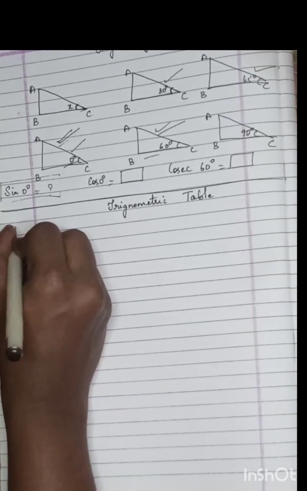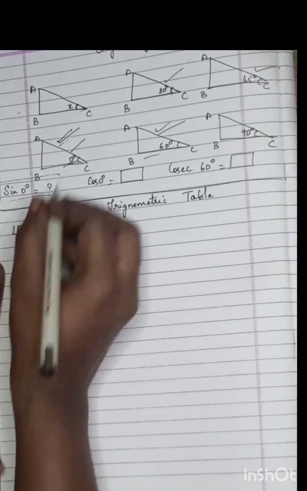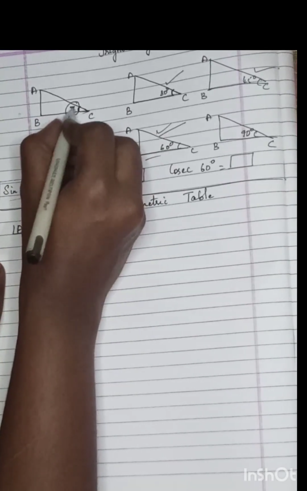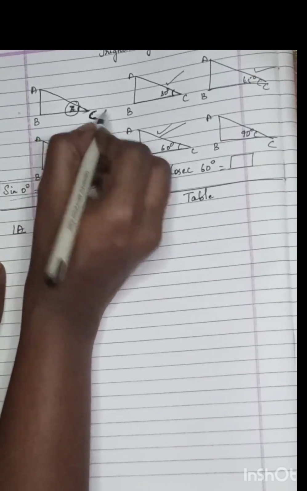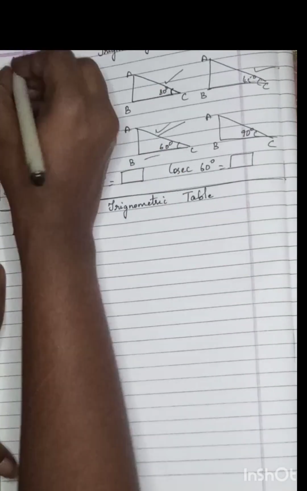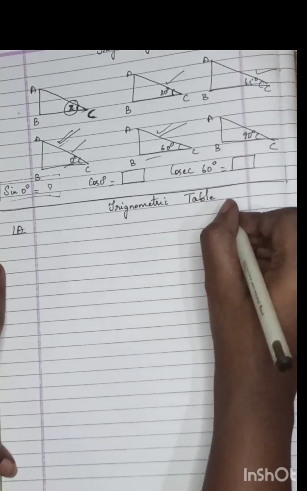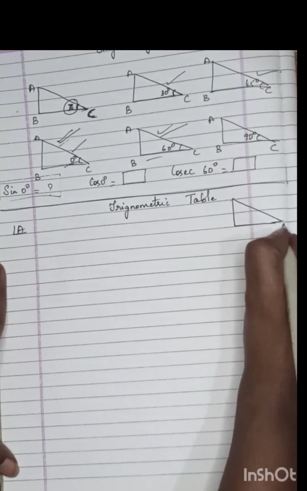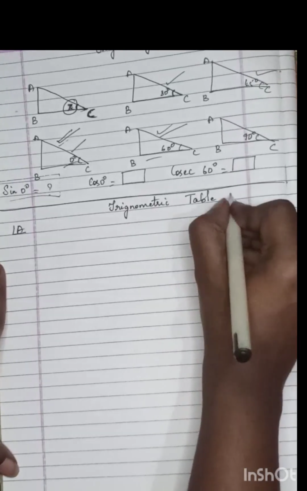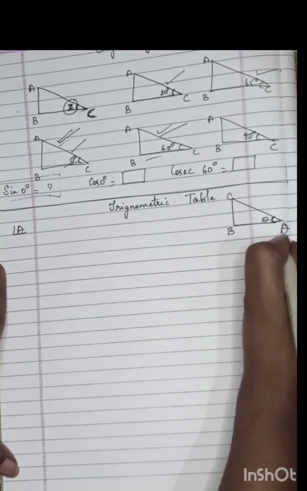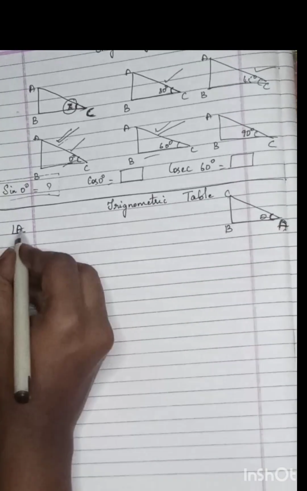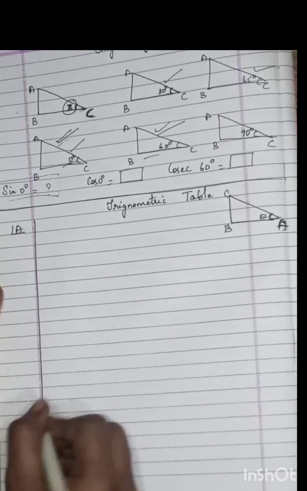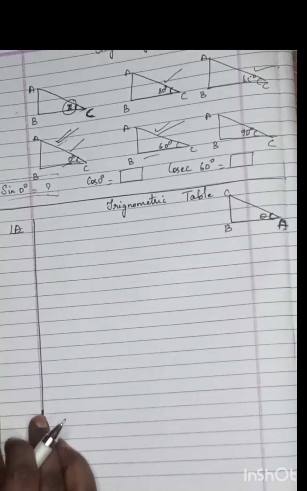Consider angle as A. Here we had considered our angle as X, theta as X at angle C. So now for our trigonometric table, let us consider a triangle ABC with theta present at angle A. So at angle A, we will be having the ratios towards our left hand side.